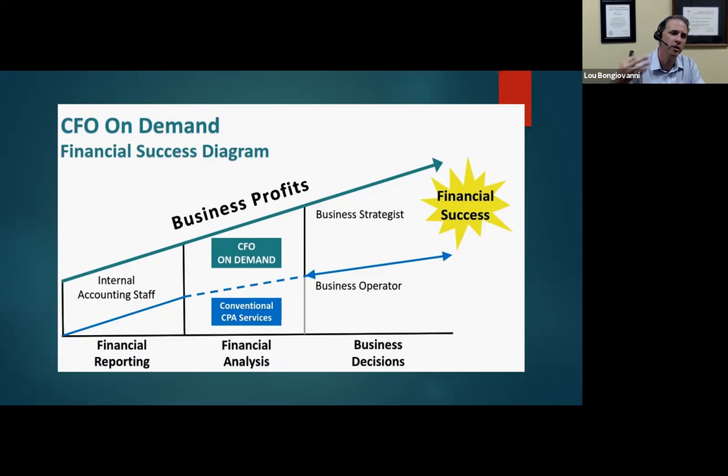And what we found is that our owners evolve from business operators, which kind of pull you back into the business there, and evolve into business strategists. So they're involved in their business, but they're able to look forward and help drive the financial success of the company better than they had done before when they were merely acting as business operators.